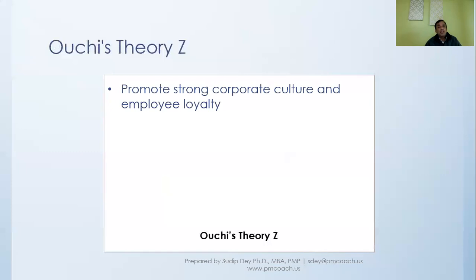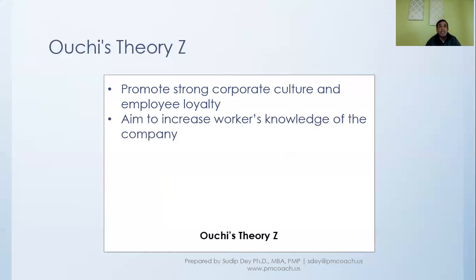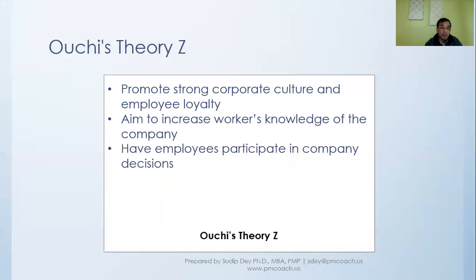So there is strong loyalty, as we have said, and by this theory the aim should be for the company to increase workers' knowledge of the company. Why is that? Because we are looking at employees as someone who will contribute to the company for their whole lifetime. So it's better that they understand the company, so they will be able to serve better.